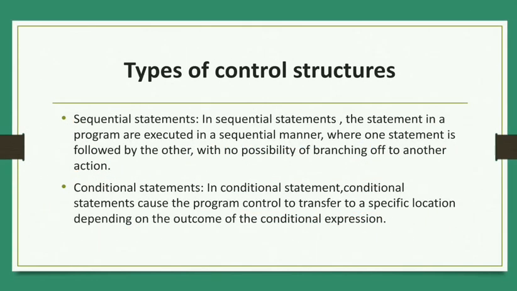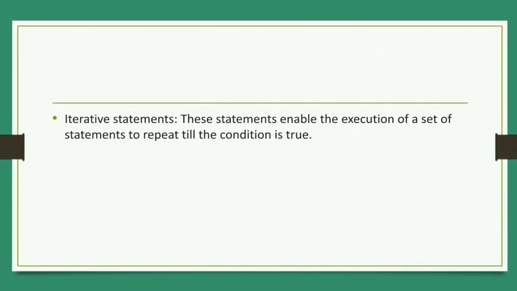The next one is the iterative statement. This statement enables the execution of a set of statements to repeat till the condition is true. As soon as the condition becomes false, the control comes out of the loop and repetition stops.